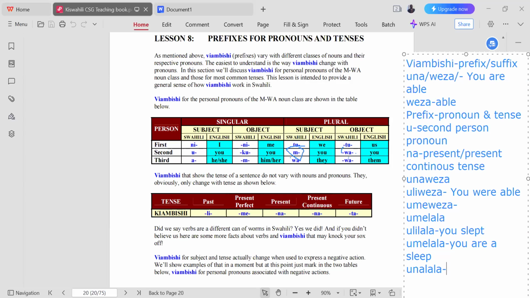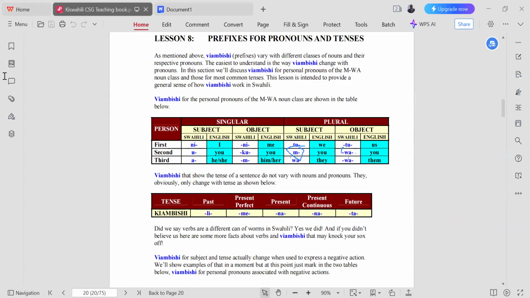So have the first word unalala. Let me now change the word umeweza to be unalala. Use lala instead of weza. Let me just put it here again. So we have the first word, which in the past will be ulilala. That's past. In the present perfect, it will be umelala.